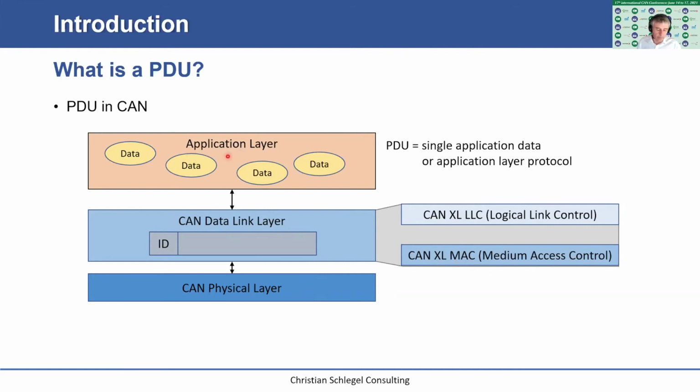Very basically, in the application layer we have data, and the PDU could already be a single piece of application data, or if we have a higher-layer protocol on CAN, then this protocol becomes the PDU that is handed over to the data link layer, and the data link layer transmits this PDU as a CAN message, puts the ID in front of it and transmits the data with the respective protocol.